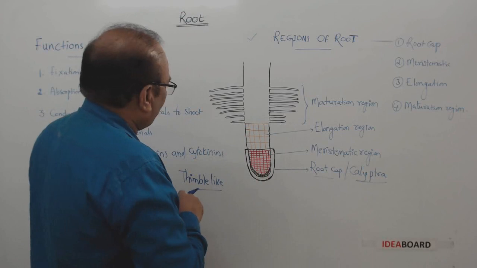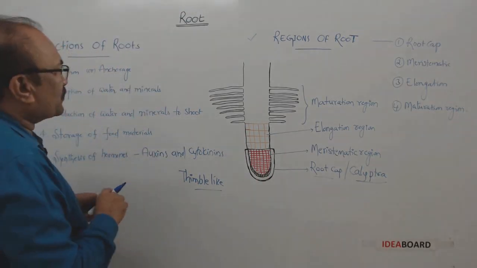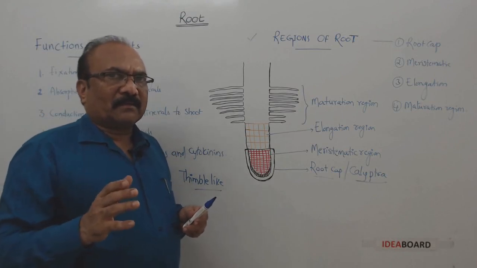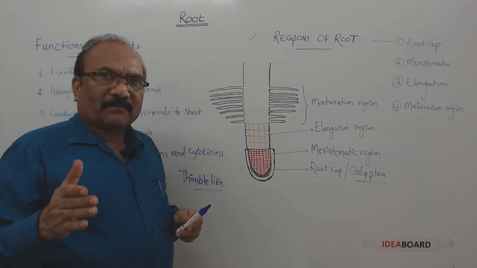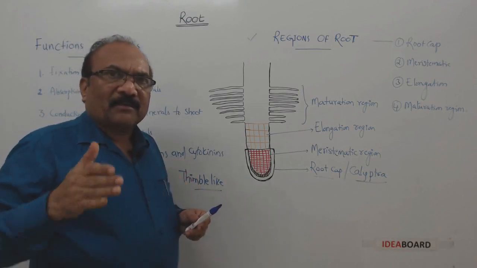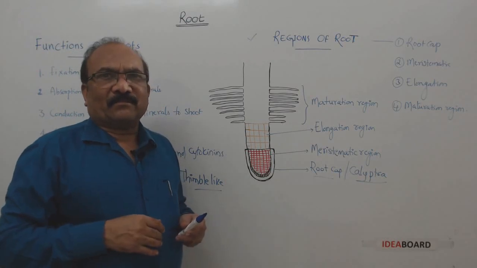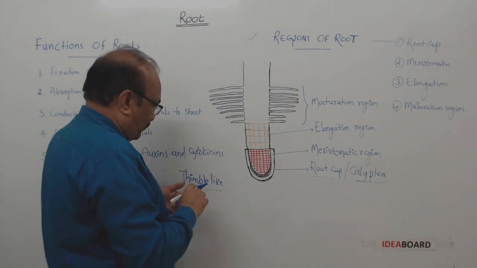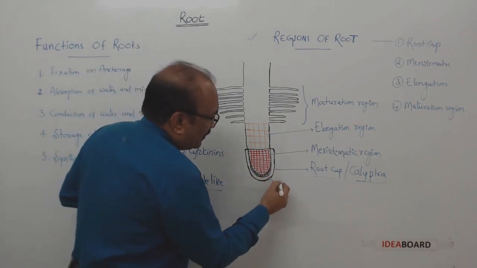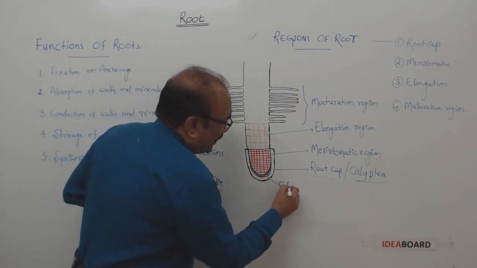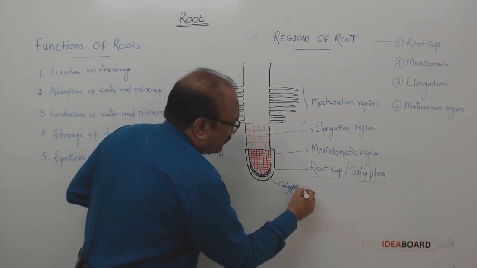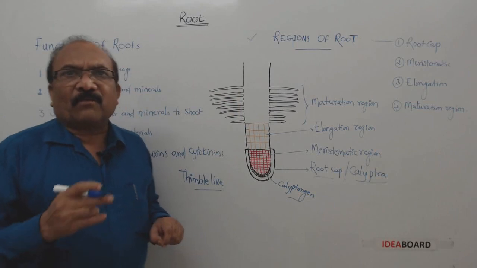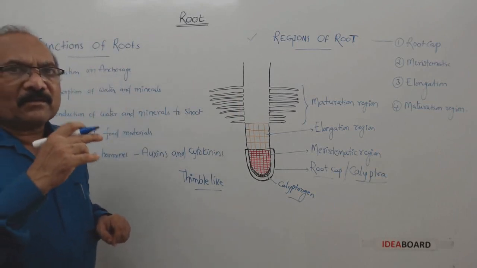And remember that root caps are formed continuously. How is the root cap formed continuously? Because you will find one tissue here, and that tissue is called calyptrogen tissue. This calyptrogen tissue will go on producing the root cap.